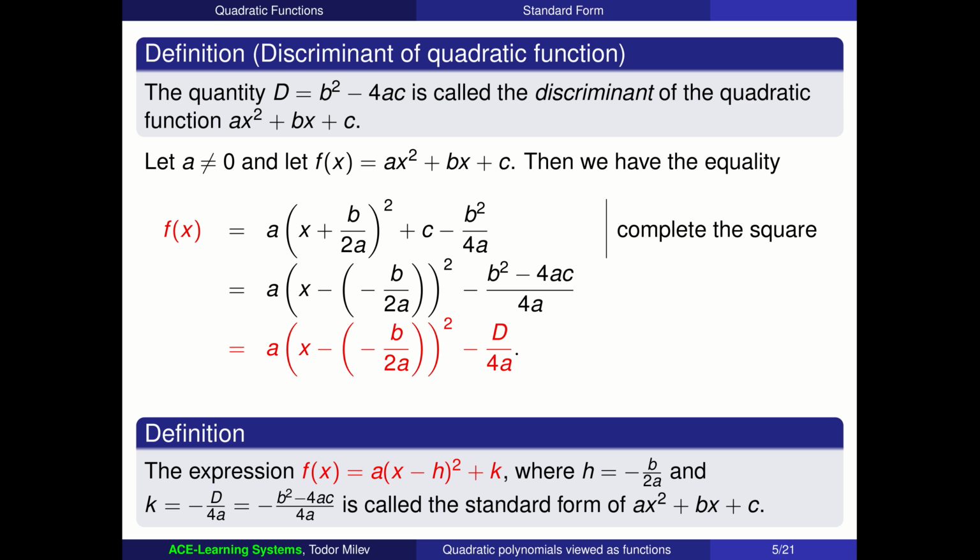Okay, so we introduced the notion of a discriminant. The discriminant is simply a number, b squared minus 4ac. Whenever we have a quadratic function, its discriminant is b squared minus 4ac. Why would we care for that?